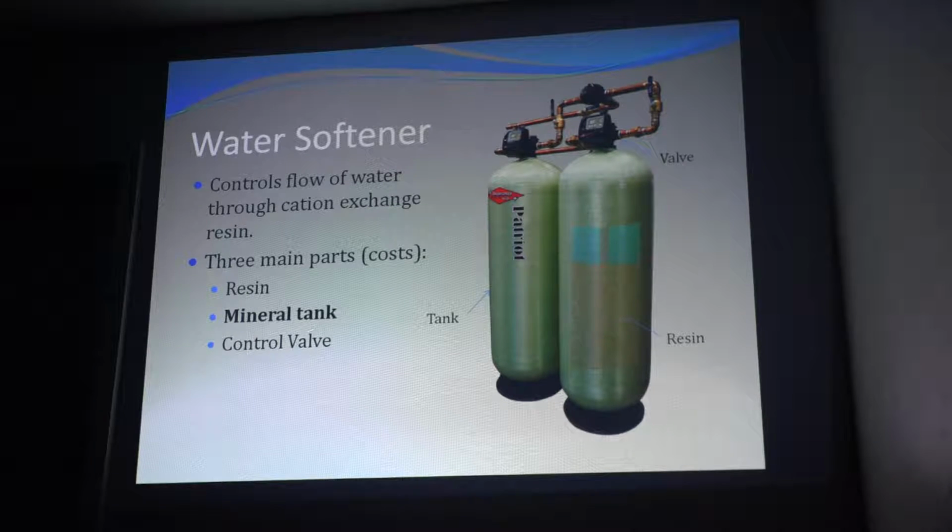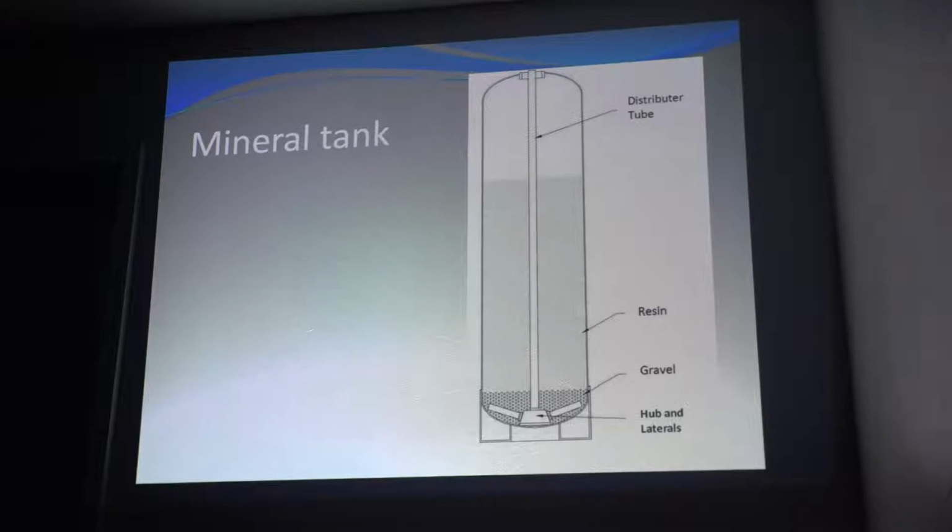So they take fiberglass roving, the individual strands, and wrap it to give it its rigidity and strength. And inside, you can see we've got the distributor tube, which plays a big role in a mineral tank.